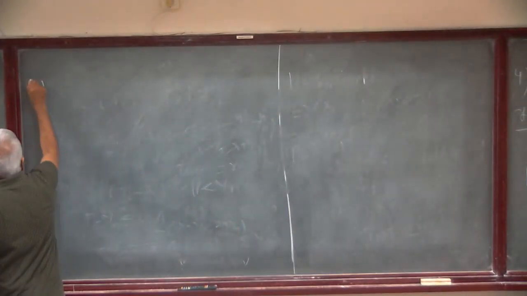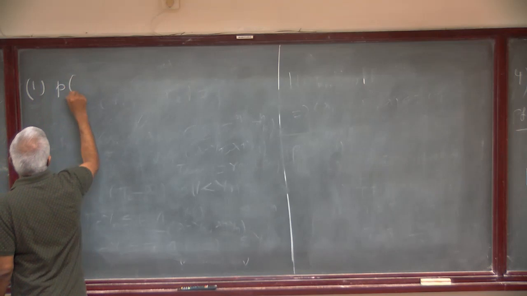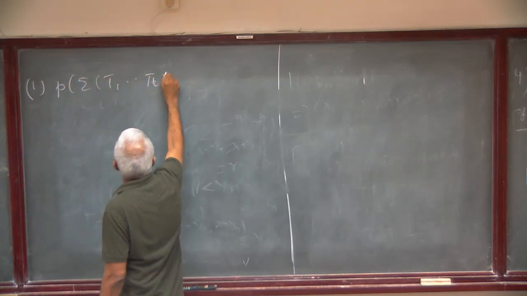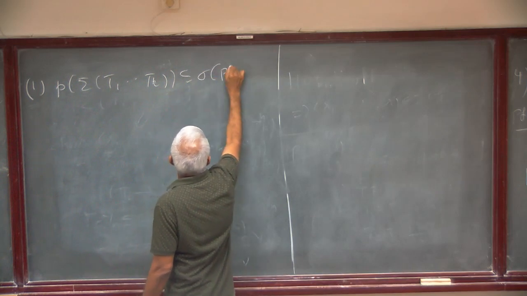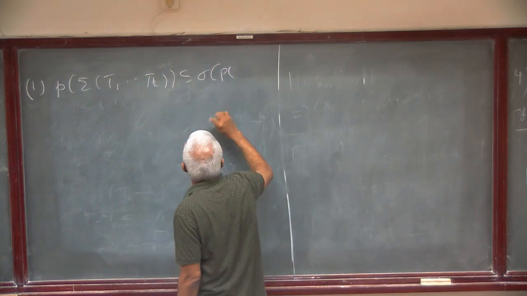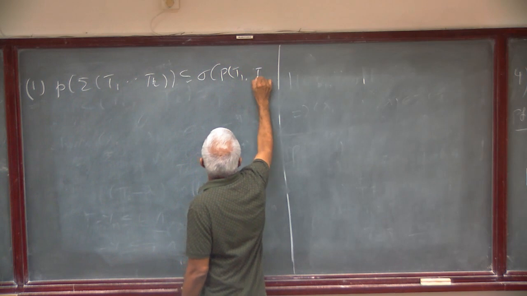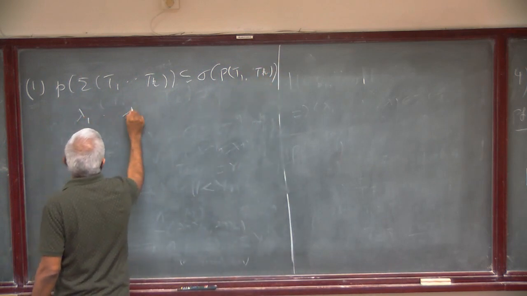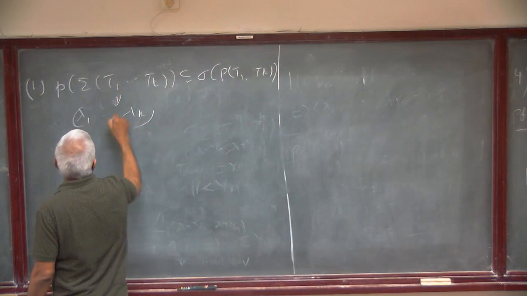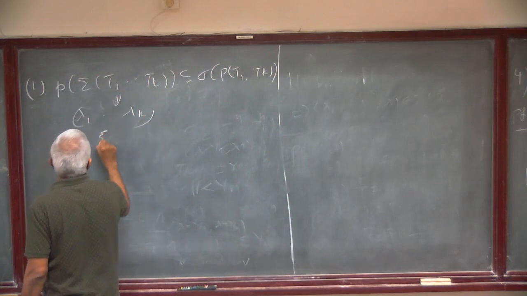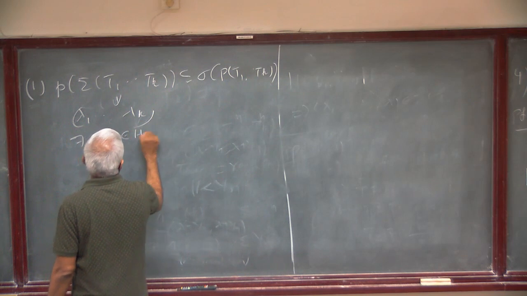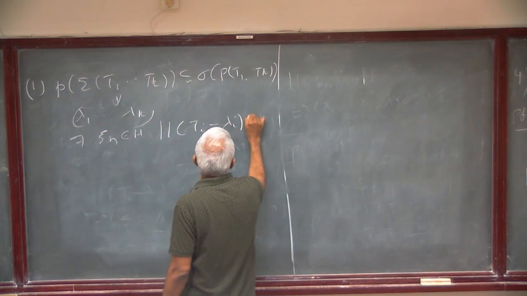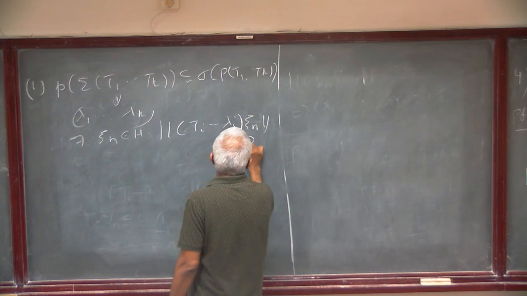To prove one, first we prove this. This is clear. Sigma of T1 up to Tk is contained in sigma of P of T1 up to Tk. That is because if you have a lambda 1 up to lambda k here, that just means there exists Zn in H such that Ti minus lambda i I applied to Zn goes to 0.